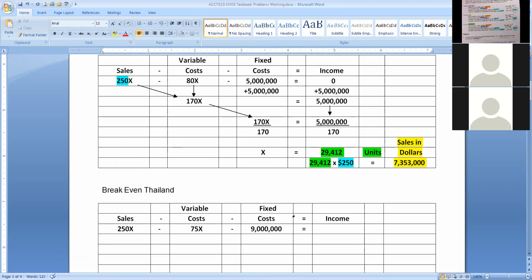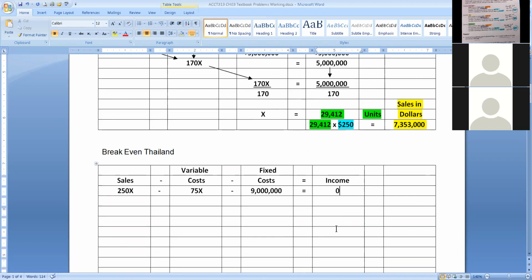For Thailand, the fixed costs are more than even the dollar sales for Italy. We'll see where it ends up. Okay, 250, 75, 75.